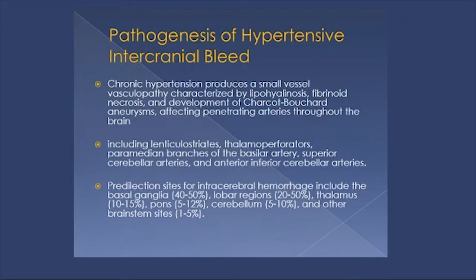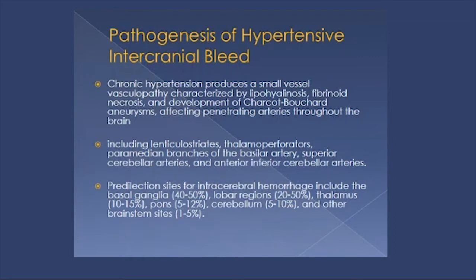So let me get to the pathogenesis of hypertensive bleed. Basically, chronic hypertension causes a small vessel vasculopathy, which is characterized by lipohyalinosis, fibrinoid necrosis, and development of Charcot-Bouchard aneurysms. This affects the penetrating vessels like the lenticulostriates, thalamoperforators, and paramedian branches of the basilar artery.